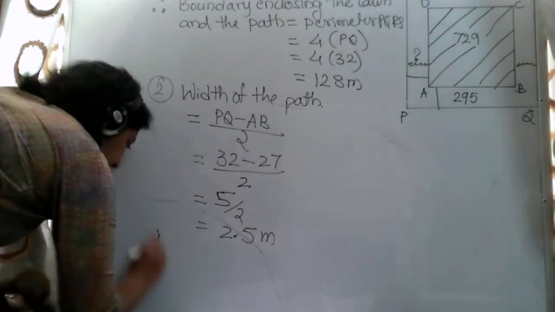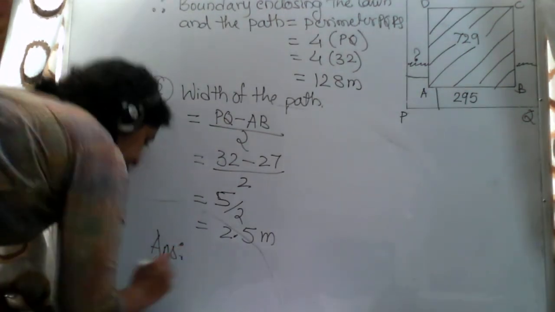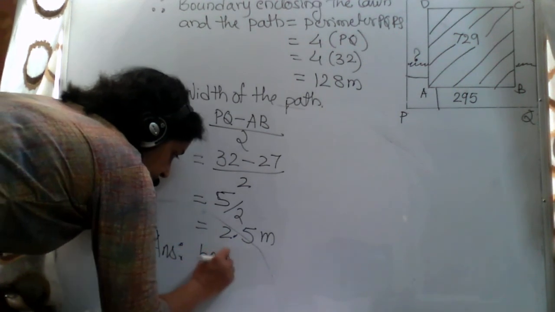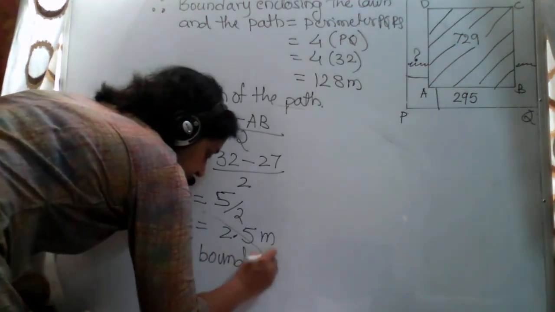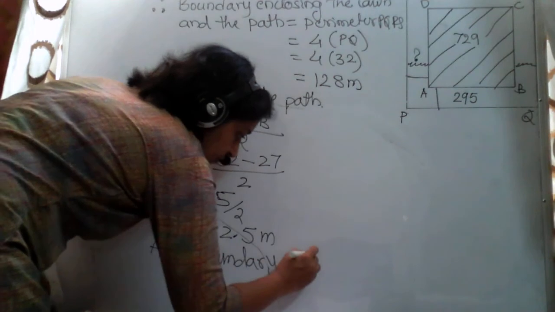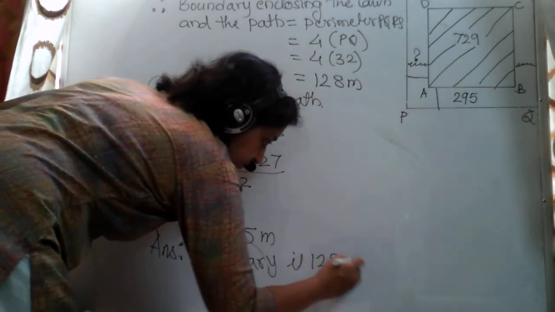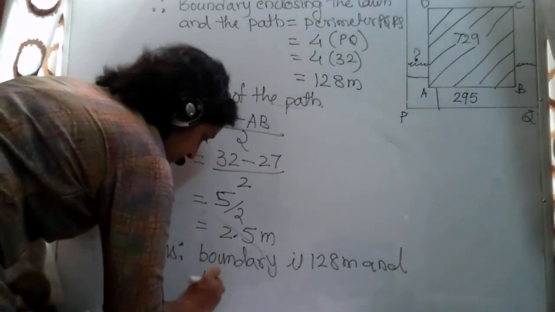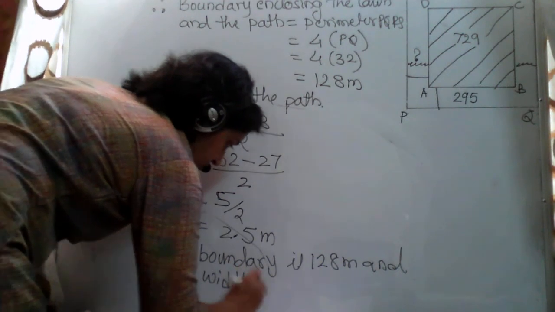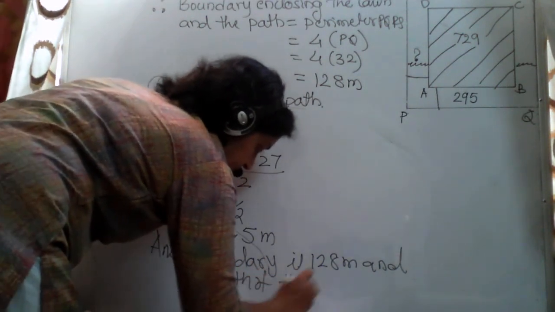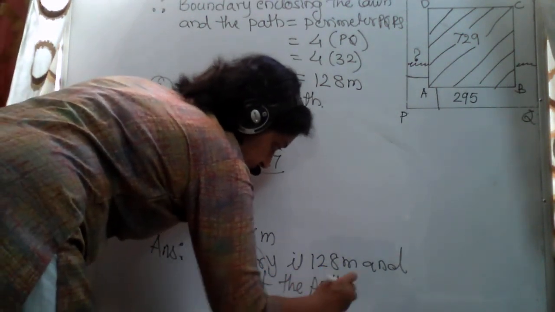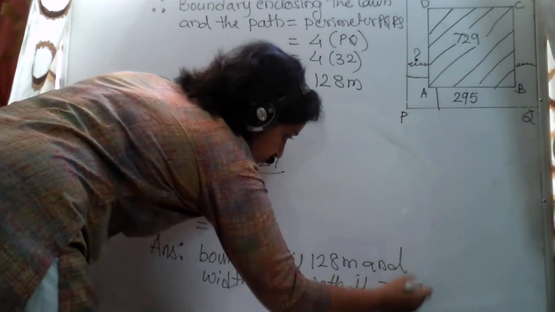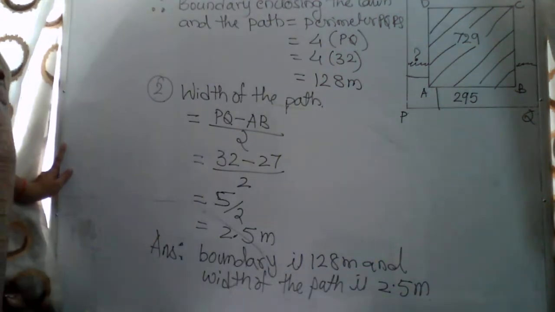Therefore, answer statement: the boundary is 128 meters and the width of the path is 2.5 meters. That's it.